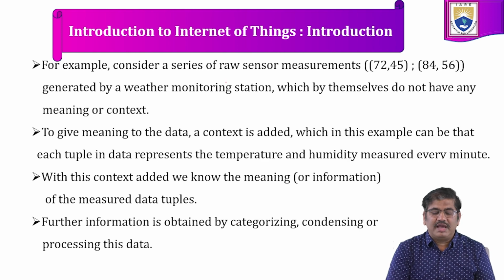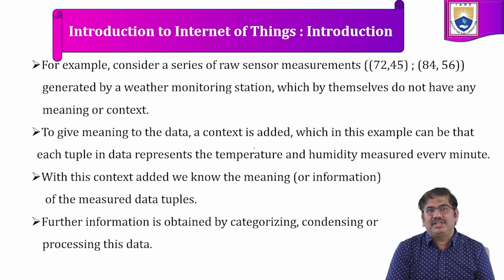For example, consider a series of raw sensor measurements of a physical parameter, let us consider 72, 45 or 84, 56. These are generated by a weather monitoring system and by themselves do not have any meaning or context.